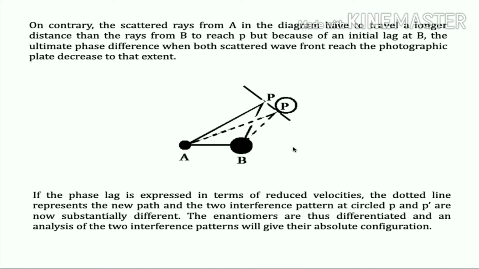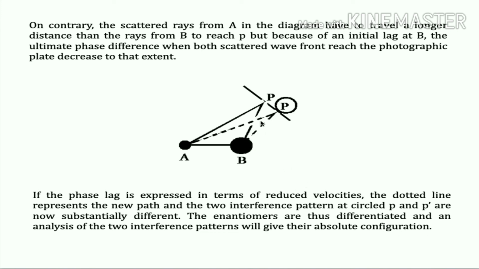So based on this, we are going to determine the absolute configuration. Suppose the phase lag is expressed in terms of reduced velocities; the dotted line represents the new path, and the two interference patterns at circled P and P dash are now substantially different. The enantiomers are thus differentiated, and analysis of the two interference patterns will give their absolute configuration.